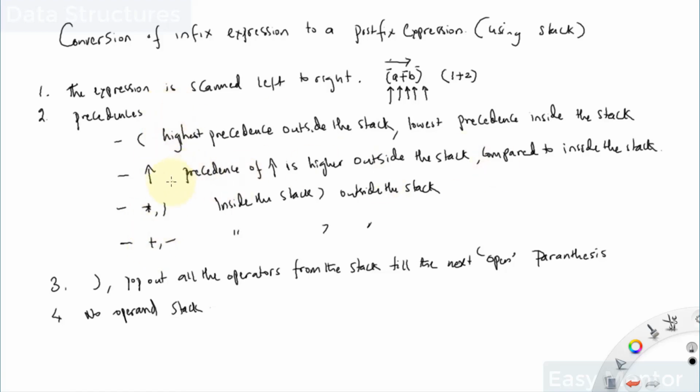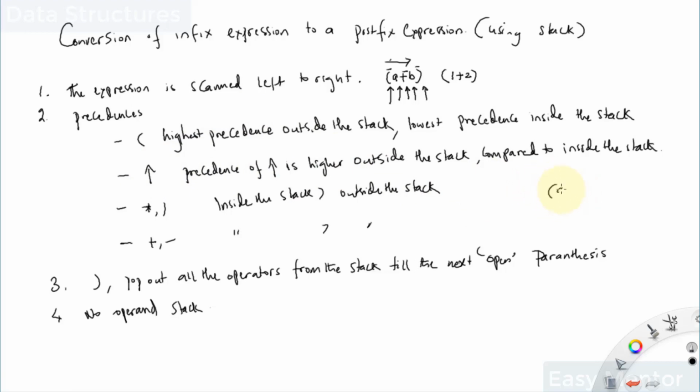The operators are also associated with what is known as an associativity property, which determines which side of the operator is evaluated first when you encounter more than one operator of the same type in an expression. So when we say that exponentiation is right associative, it means that the right occurrence of exponentiation is evaluated before any of the left occurrences of the exponentiation.